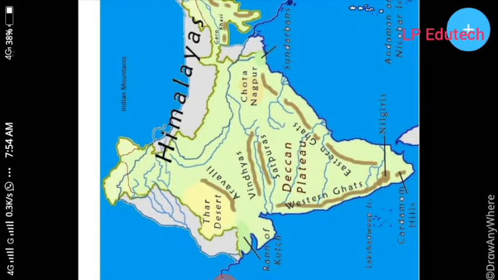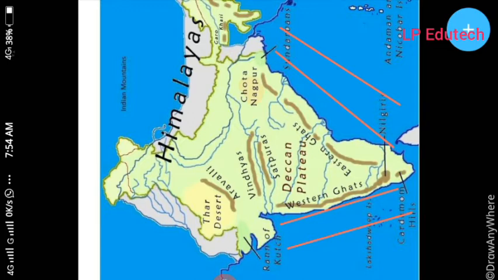Now just think about it. If you think about India, there is the Arabian Sea to the west. So here lies the Arabian Sea to the west of India, and the Bay of Bengal to the east. So this is the eastern coast and this is the western coast.